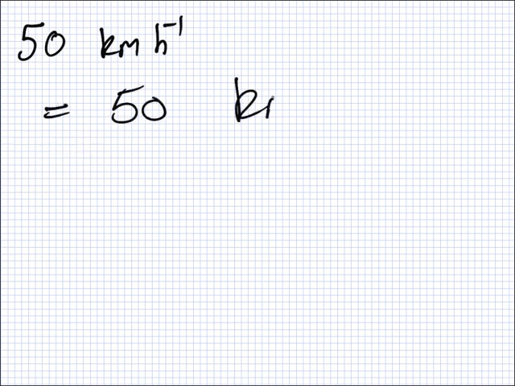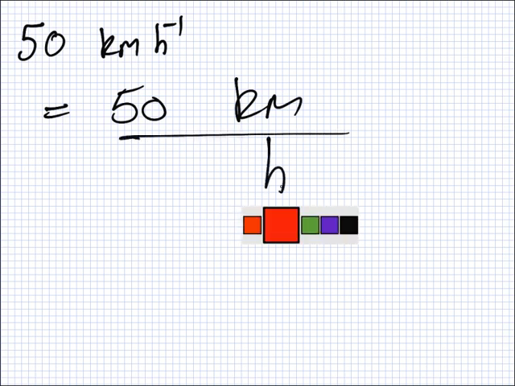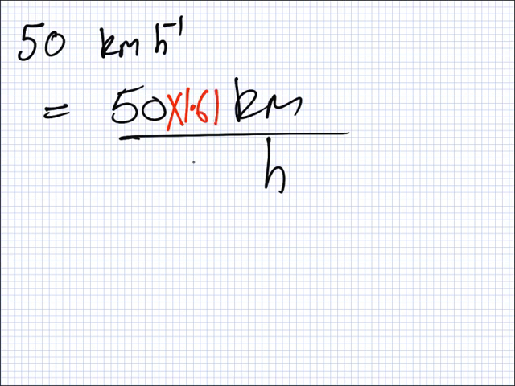50 kilometers per hour. Okay, sorry. Now, what should we do first? No, actually, I think I'll leave it as kilometers. Any ideas? Now, watch this. This is what I do. Look. Here, I put 1.61, and here I put 1.61.